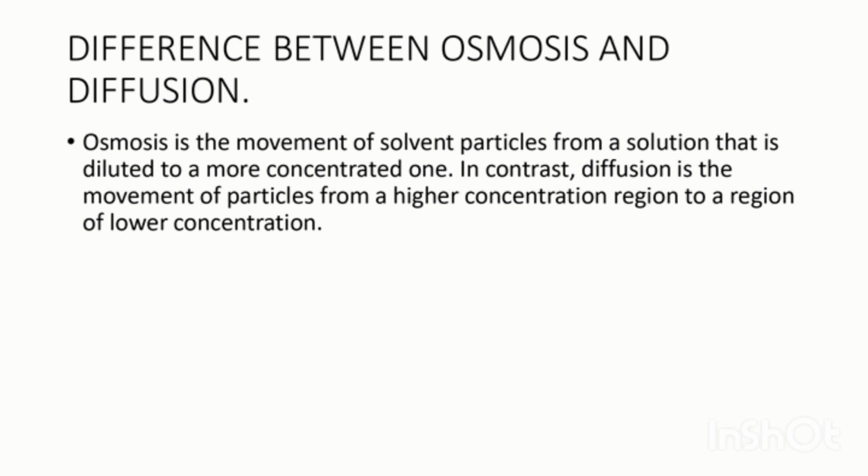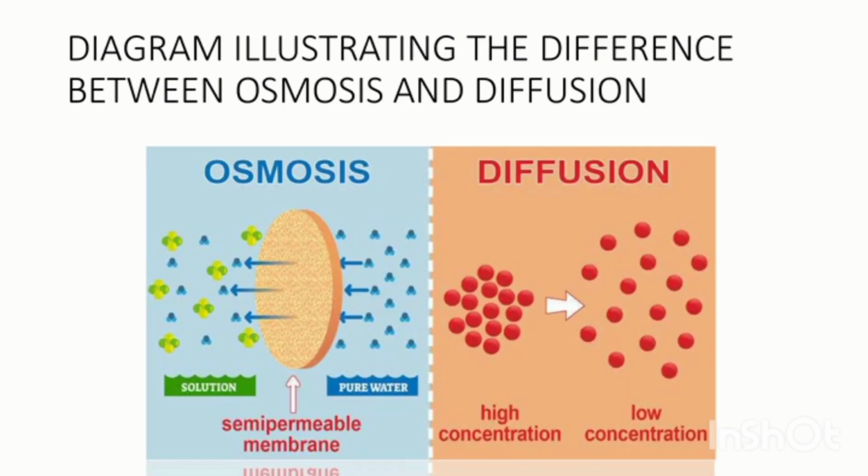Meaning osmosis involves the use of water. If somebody asks you why osmosis is a special type of diffusion, you can answer by saying that it involves the use of water. Now you can see the difference.